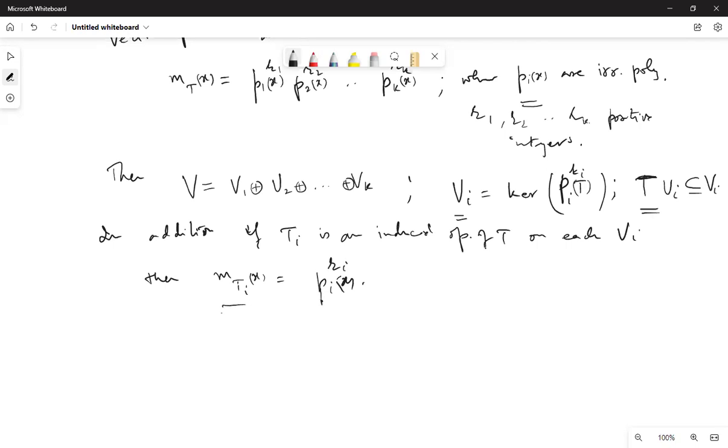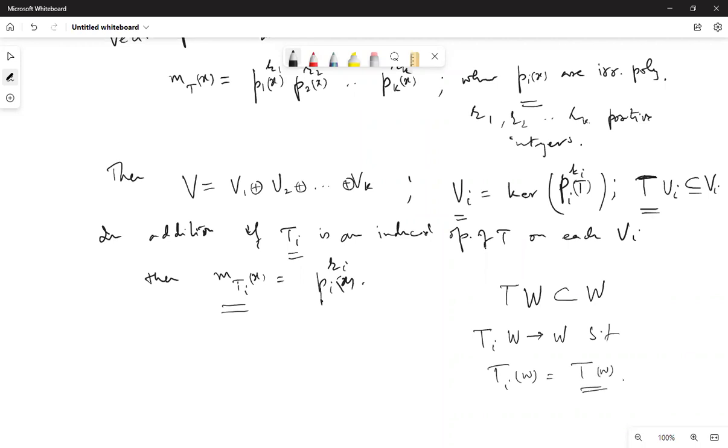All right. So here let me introduce the induced operator Ti. Ti means if W is a T invariant subspace of V, then Ti is an operator on W such that Ti of w is exactly T of w.